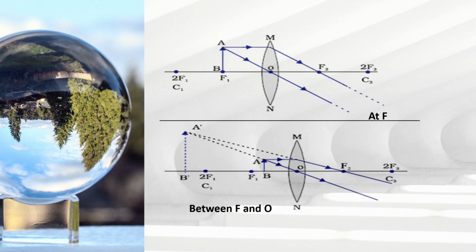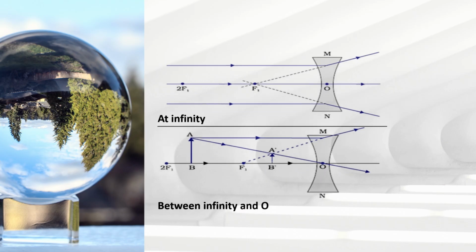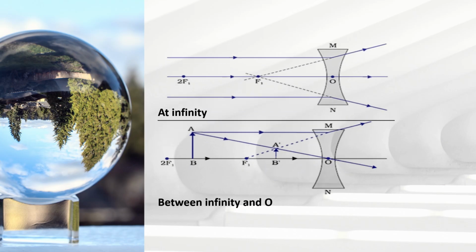Its image will be formed erect, not a true image, on the same side as the object, beyond the object and beyond 2f. That is why here you can see that we have shown the image by a dotted line and not by a solid line. Similarly, you can explain how images are formed by convex as well as concave lenses.